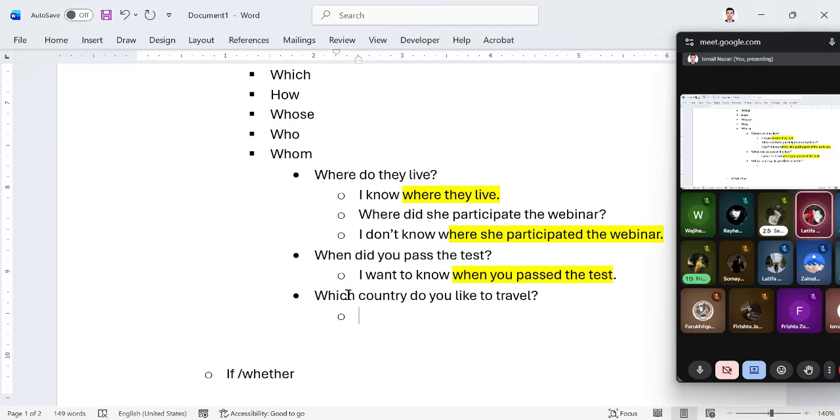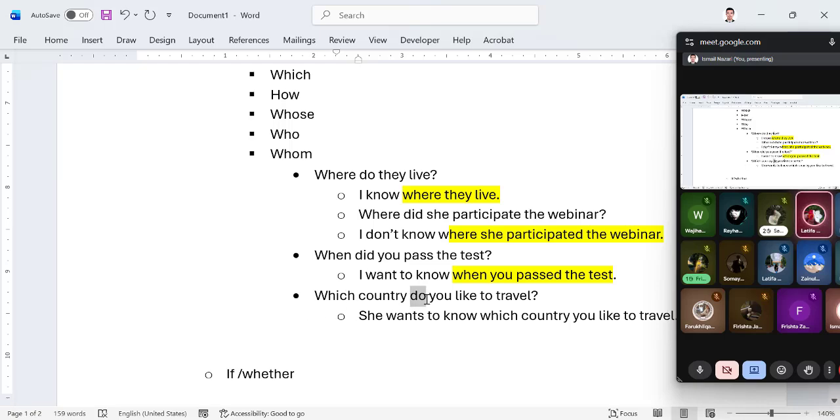She wants to know which country. She wants to know which country. How should I say? Which country you like to travel? Yeah, you like to travel.